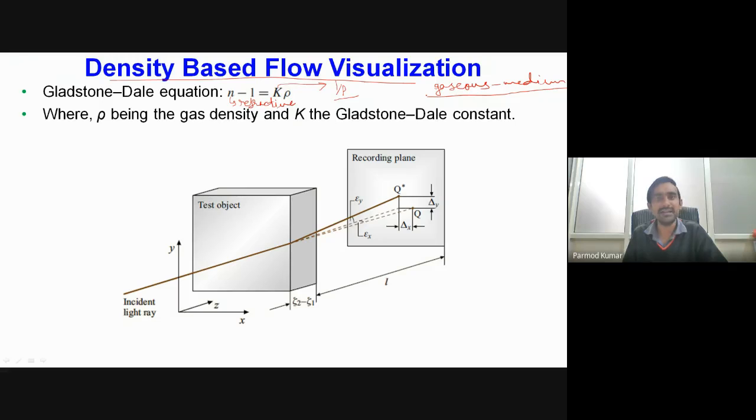However, in the case of gases, that will not be very effective. So we employ the principle of change of refractive index of the medium in proportion to change in density of the medium, and based on that we try to visualize.